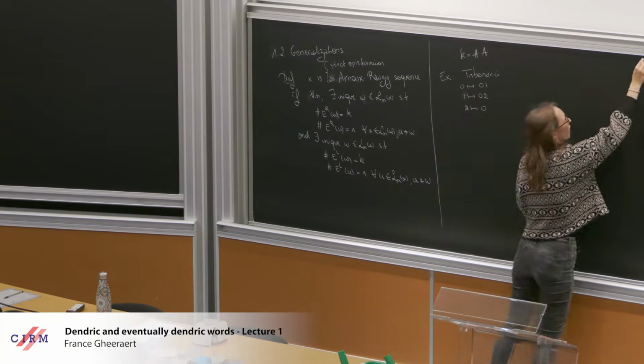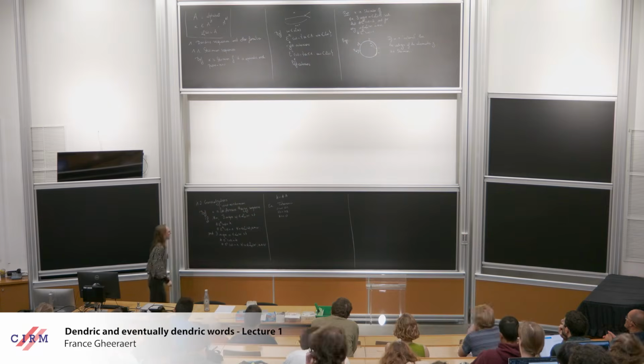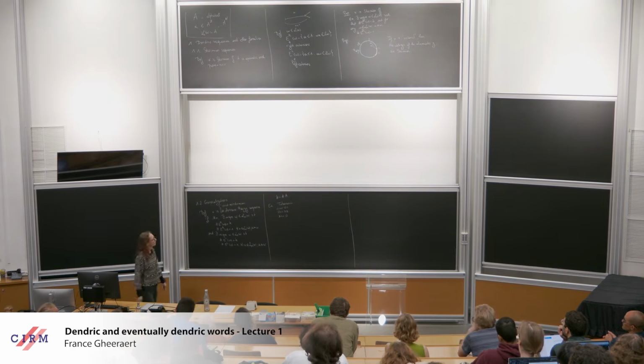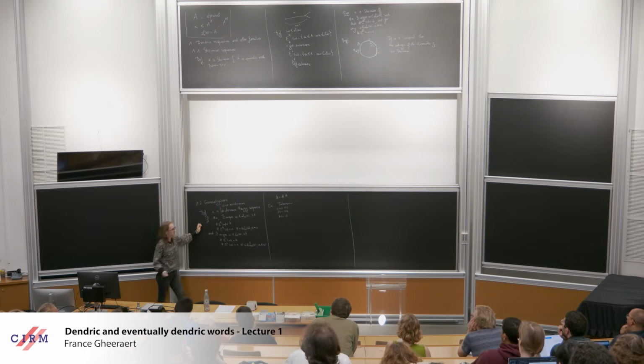So this is one way of generalizing Sturmian sequences, and it preserves a lot of properties of Sturmian sequences, namely in regards to palindromes and other things we'll talk about today or maybe tomorrow or Thursday, I don't know. So this is one generalization.